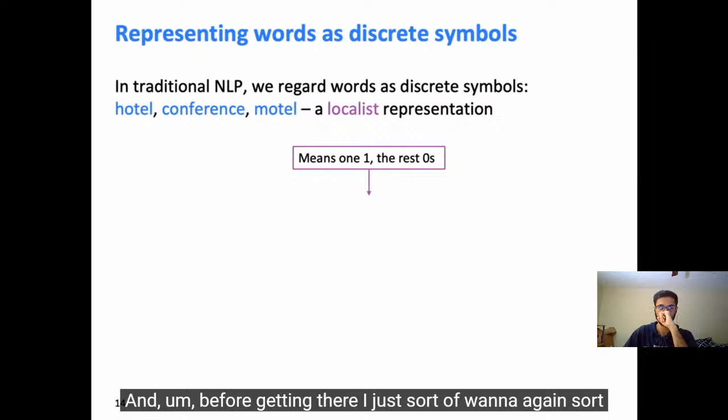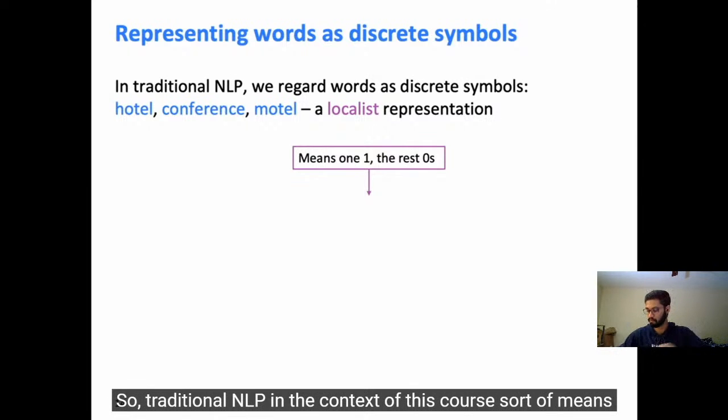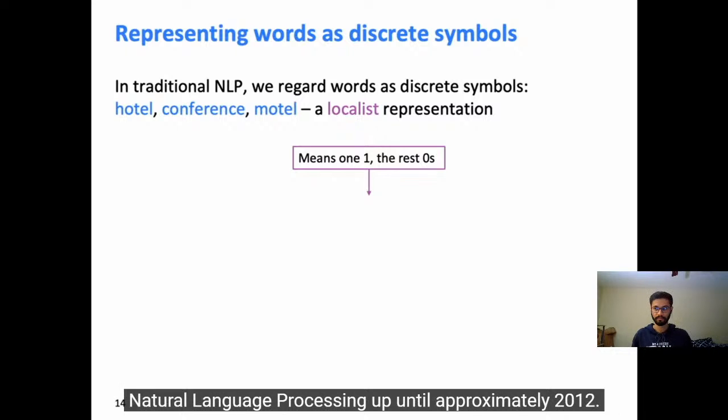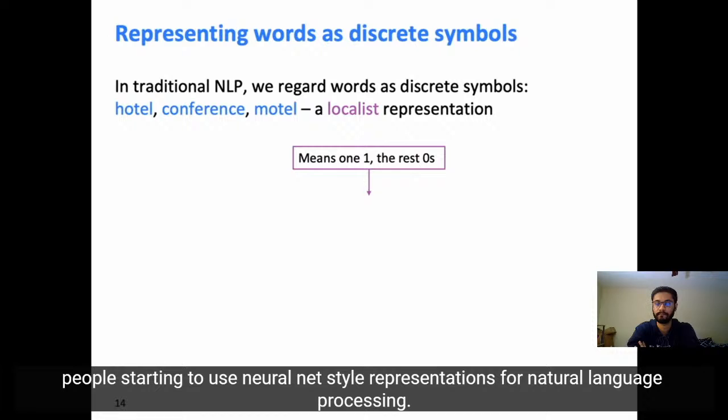And before getting there, I just want to build a little from traditional NLP. Traditional NLP in the context of this course means natural language processing up until approximately 2012. There were some earlier antecedents, but it's basically in 2013 that things really began to change, with people starting to use neural net style representations for natural language processing.